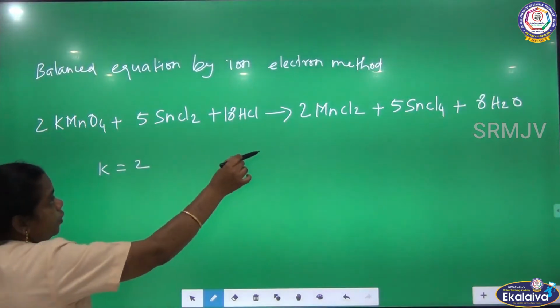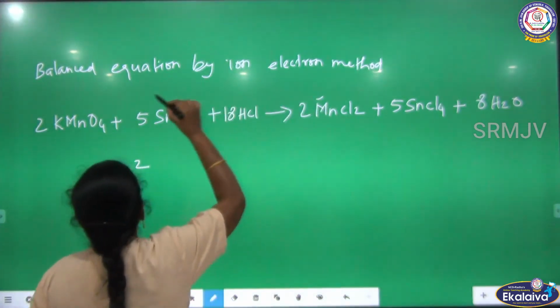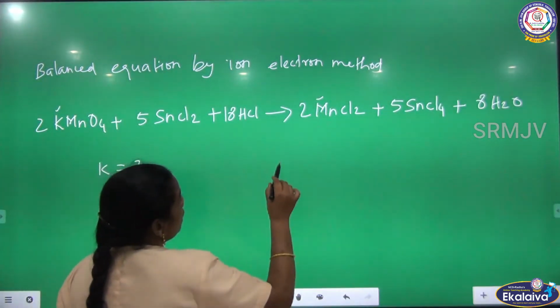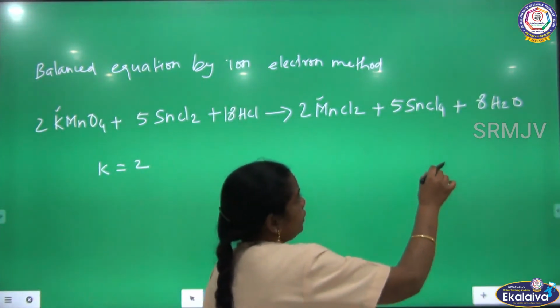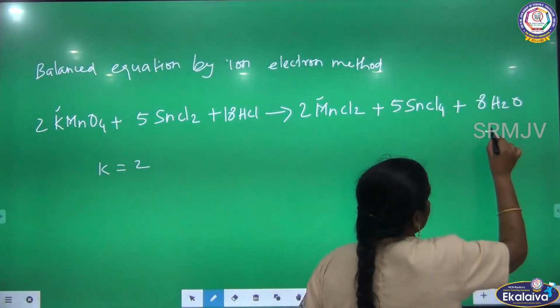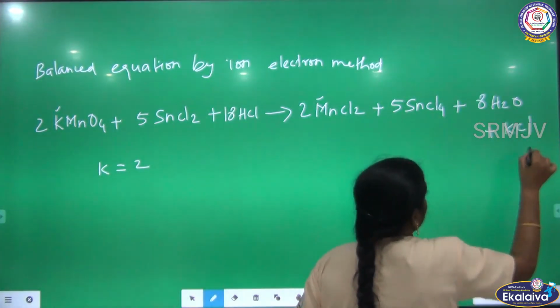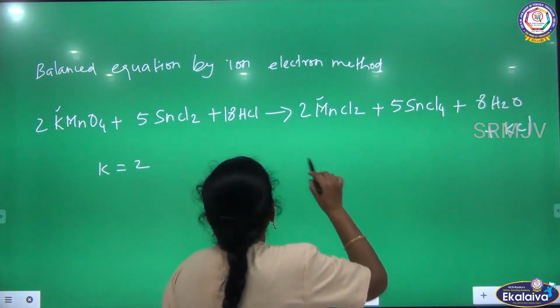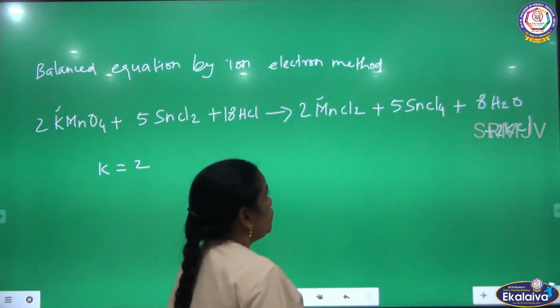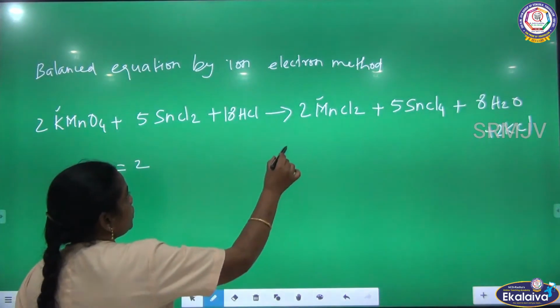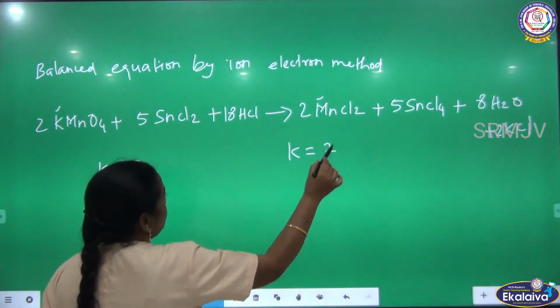Now you can see balanced potassium. How many potassium? 2 on this side, so plus KCl. So 2 potassium, so on this side 2 KCl. So potassium equals 2.